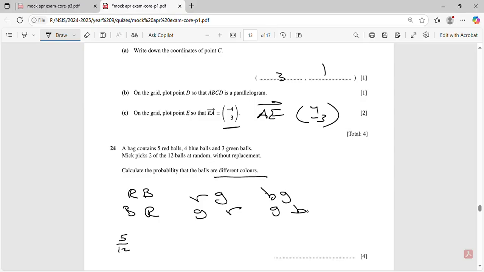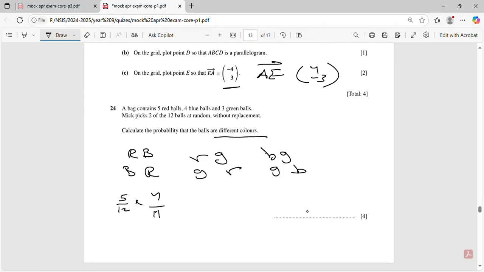If blue is the second pick, the blue is 4, but I already took one red from the bag, so instead of 12 balls in the bag, they become 11. Do you understand? And since I have two different orders, maybe the first pick will be red, or the first pick will be blue, I have to multiply by 2. Okay?